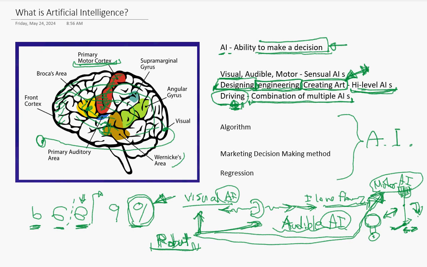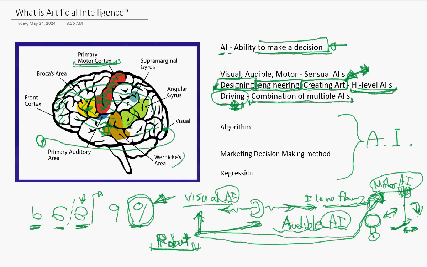Okay, there's some missing, like the famous mathematician in Russia who is blind, so there is no AI for visual, but he can do amazing innovative work in engineering. I think his name is Pontryagin.